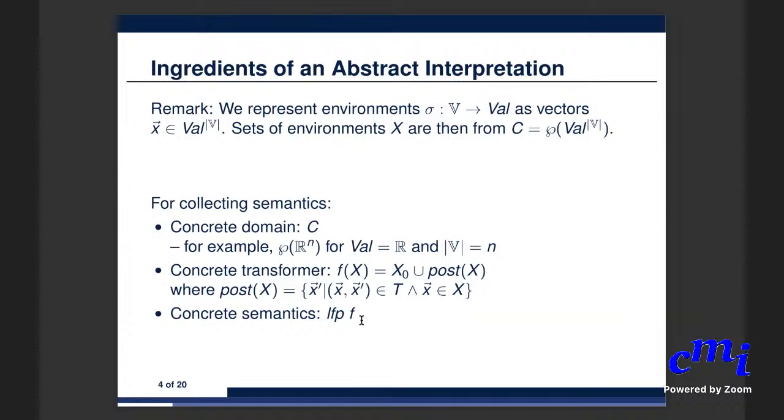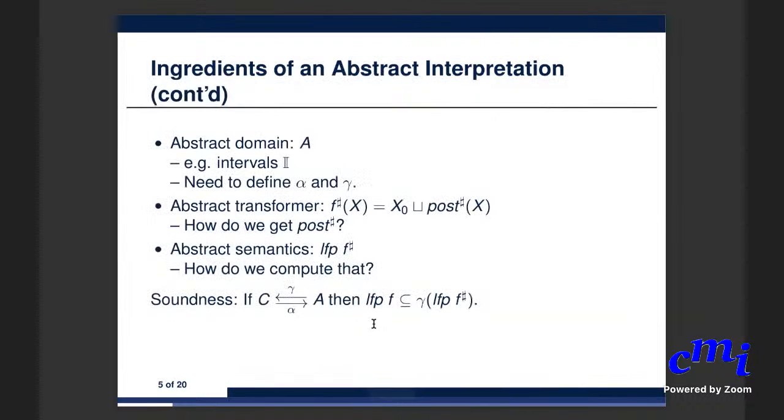The semantics of the program, which models the set of all states reachable from any given set of initial states in 0 or more steps, is modeled as the least fixed point of f, and that's what you need to verify safety properties for a program operating over a concrete domain.